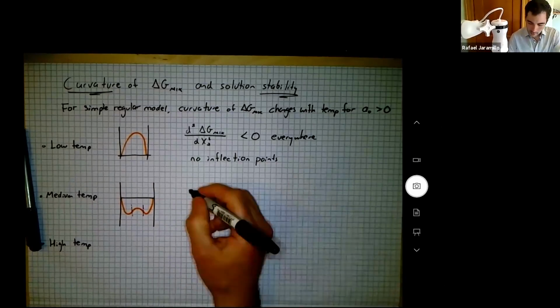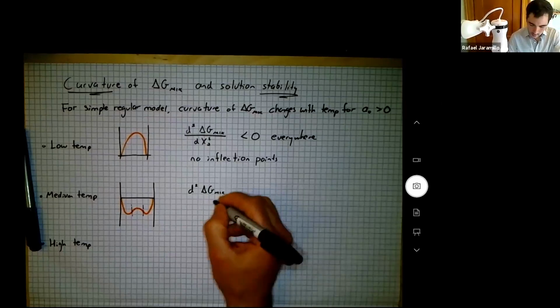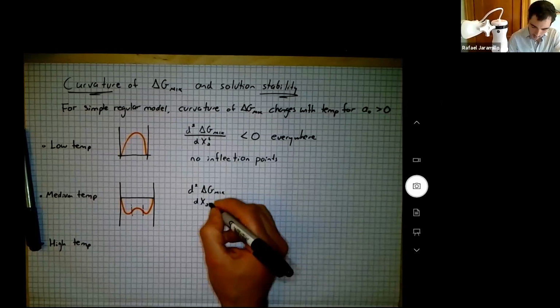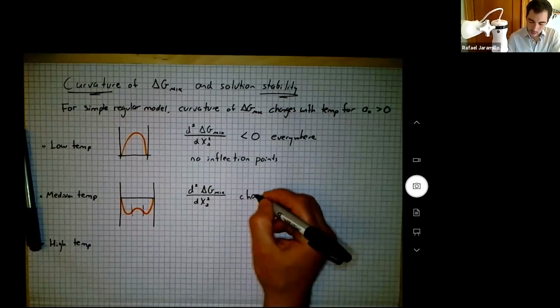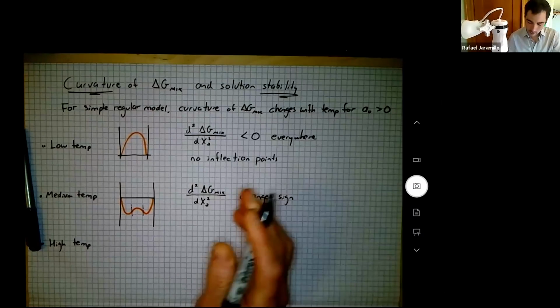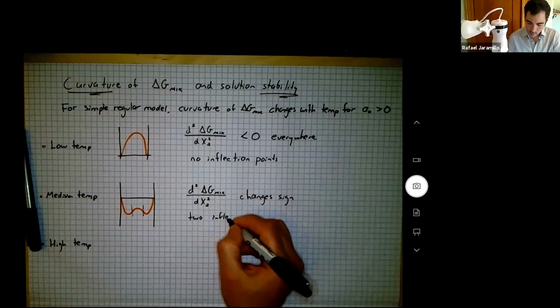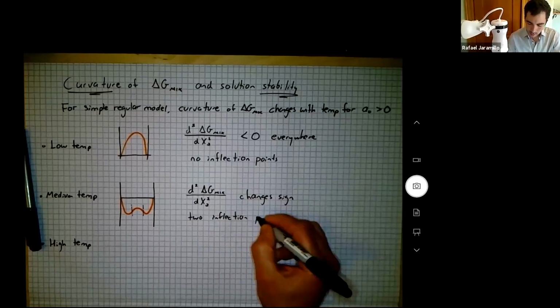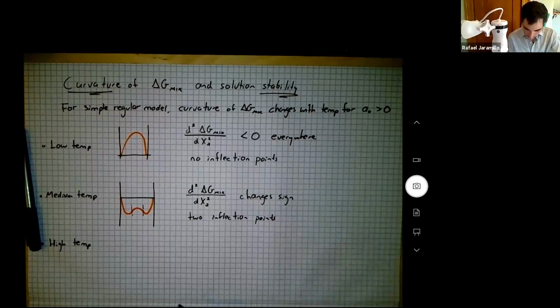The curvature changes sign. And it does it twice. There are two inflection points. Changes sign twice.